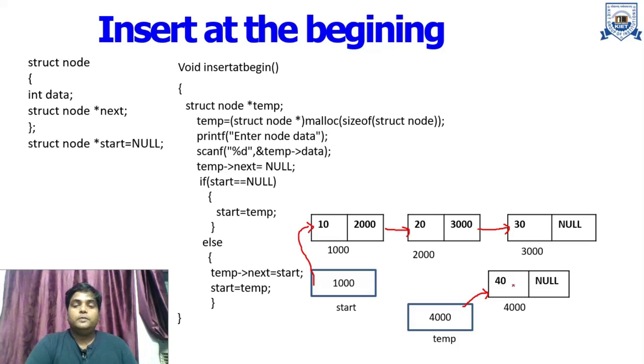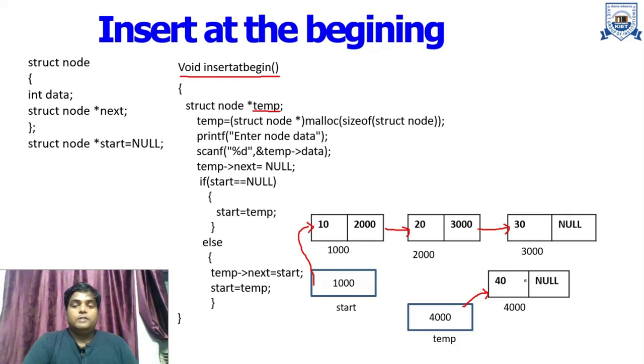So first of all we have to create this node. For this purpose, in this program we use a temp variable. We start with the function insert at begin, because we want to add the element at the very first position.